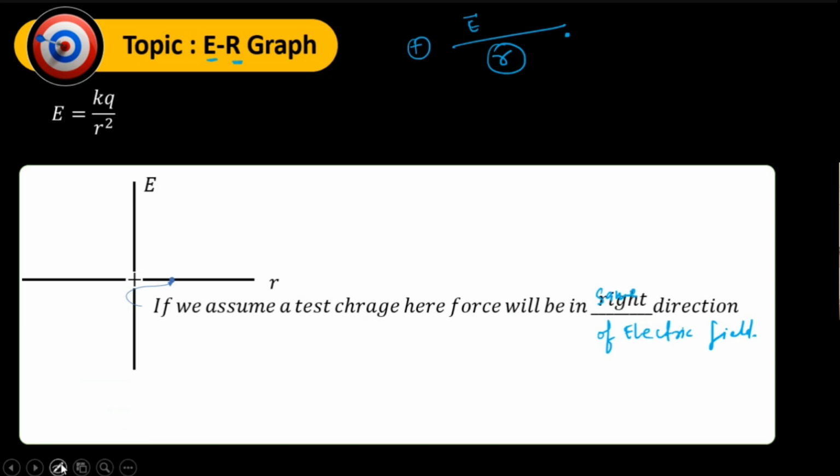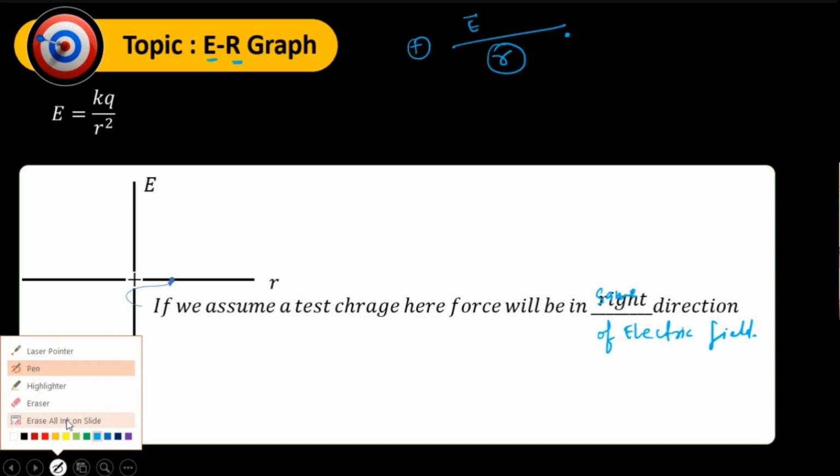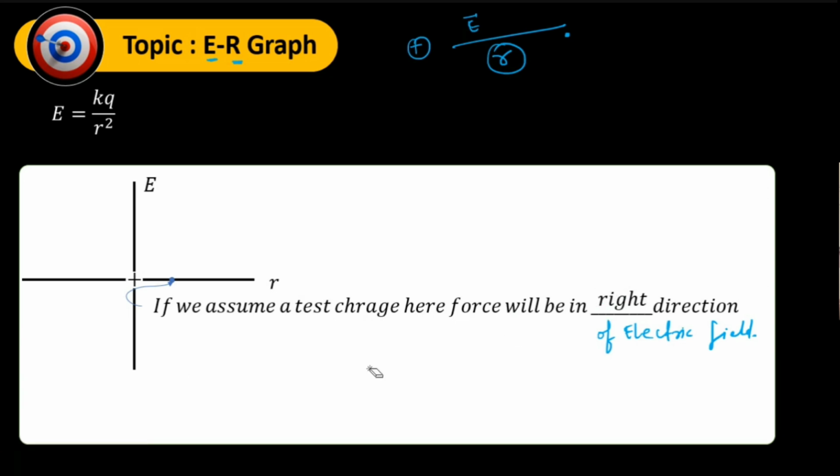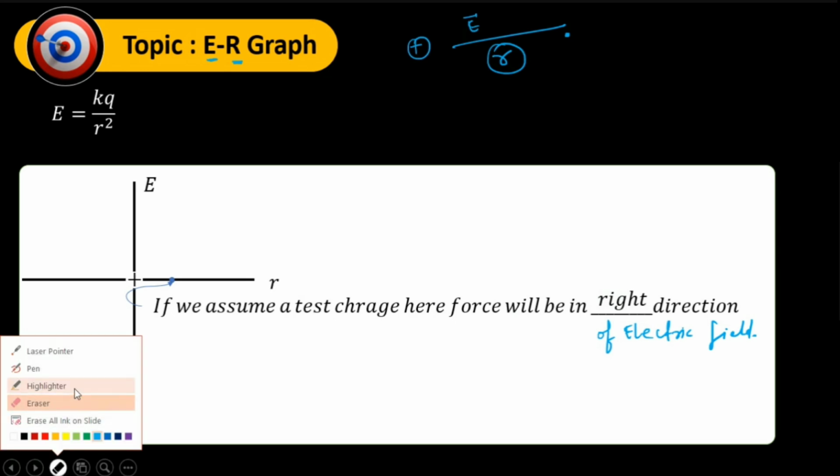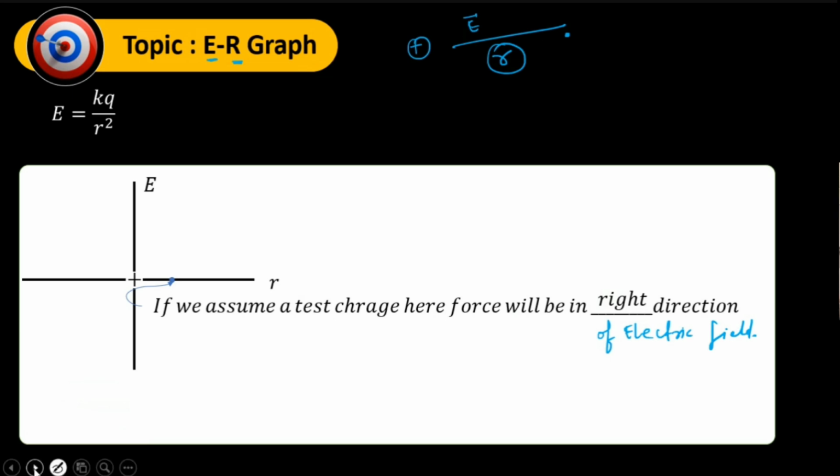In this case, what's the direction of the electric field? Yes, it is towards the right. Electric field is this way, so displacement is also going to be this way. We have considered that the right direction is positive.